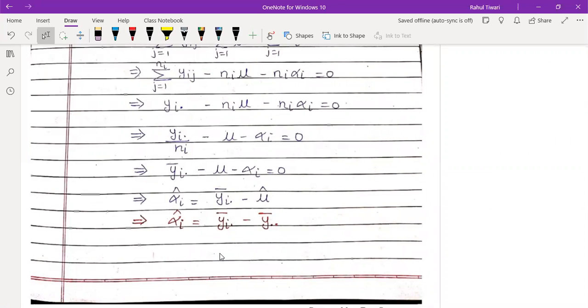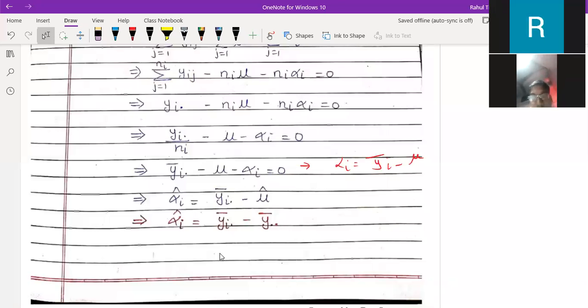But just now we have found mu hat, so I will calculate with alpha i first. What will alpha hat be here? It's y bar i dot minus mu hat. Right? Now I'm using hat here. Up to here okay. After this I will find alpha i. Alpha i is equal to what? Y bar i dot minus mu, and in the next step I will take hat. Why hat?